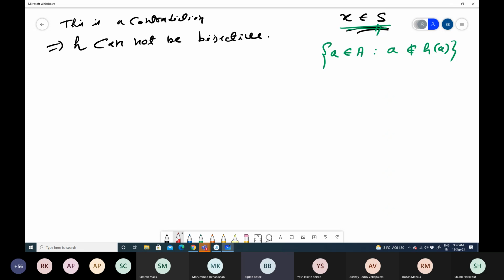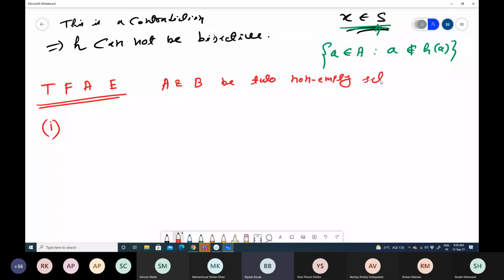But since we have another theorem, okay, I can write the theorem. Then all the confusion will be over. So the following are equivalent. First one: A and B, say non-empty sets.